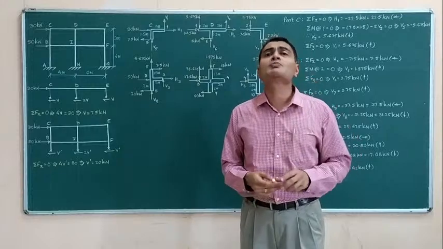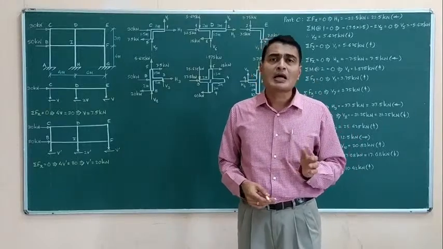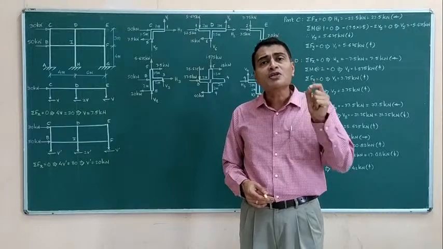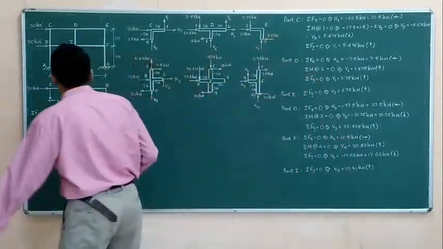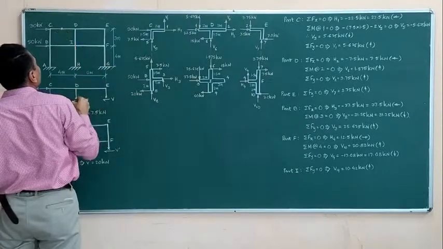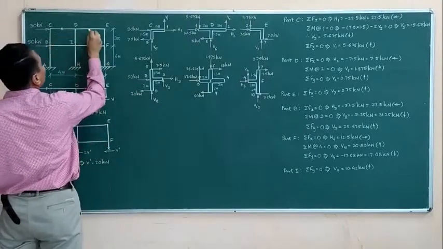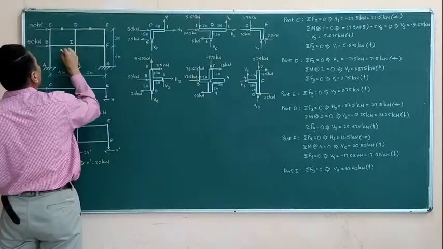What is the first assumption? The first assumption is that all the beams have points of contraflexure at the midspan. So that is what first of all I am marking here. This is a point of contraflexure exactly at 2 meters, 2 meters. Other points of contraflexure at 3 meters, 3 meters.